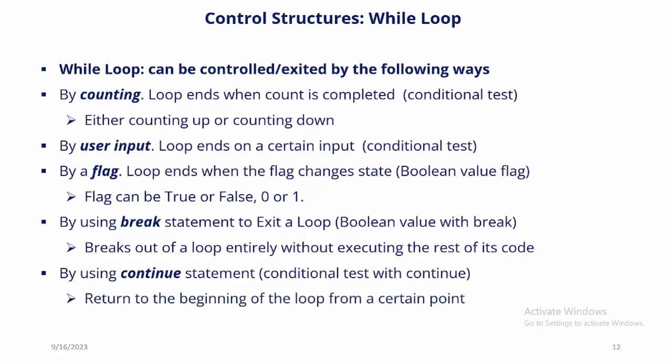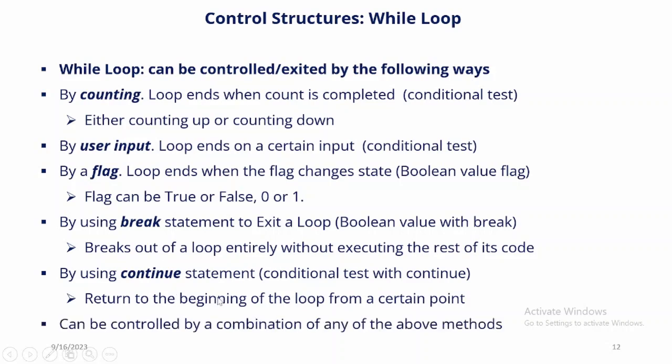When your loop is running and it gets to a line that states continue, from that point on it returns to the beginning of the loop without continuing to the end of the loop. In addition, all of the methods that have been listed here can be combined together to control a loop.